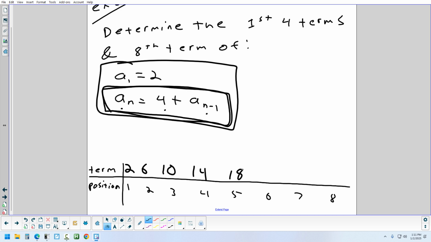And the 6th one? 22. And the 7th one? 26. And the 8th one? 30. And if we make any mistake in all those terms, then it's going to make the 8th one wrong. But that's what they asked us to do. So any question on how we found those terms using this recursive formula?